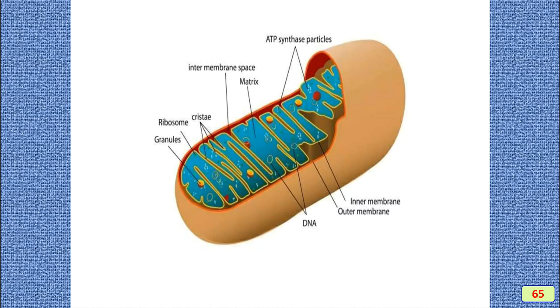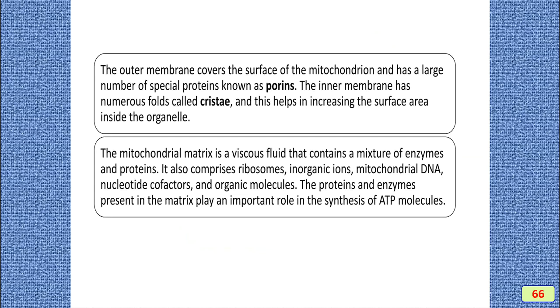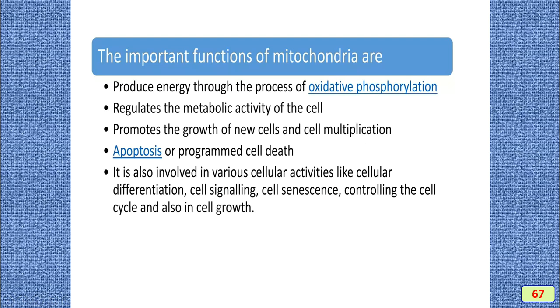So this is the cross structure of a mitochondria, with the outer membrane, then the folds of the inner membrane, which are very useful to the cell. Apart from this, there are many porins, cristae, etc., and oxidative phosphorylation takes place in the cell.